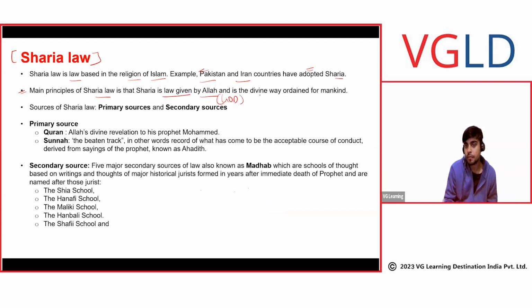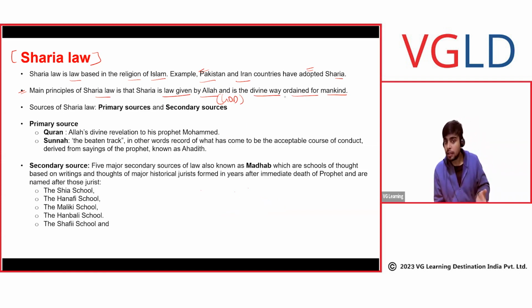It is the divine ordinance for mankind. How you live your life is based on a direct revelation by God, and this is what Sharia is considered to be. The source of Sharia has two primary sources: the Quran and Sunnah, and secondary sources, which are five schools of thought. These are named after five scholars on whose names the schools of thought were developed.